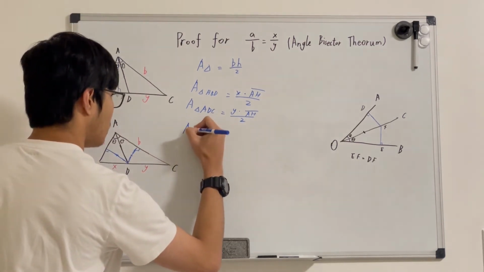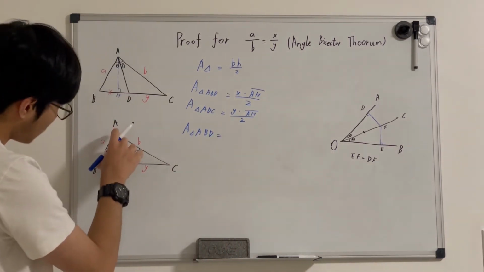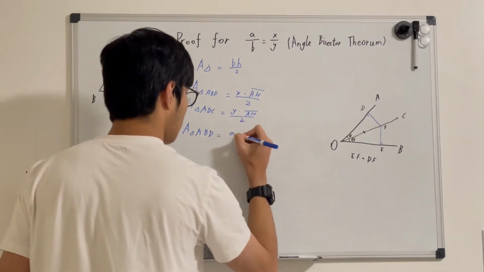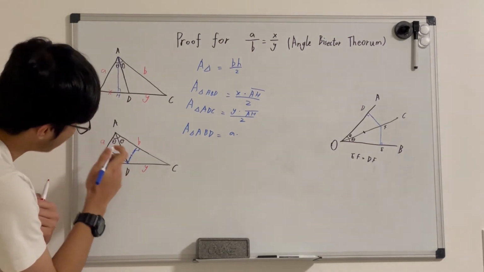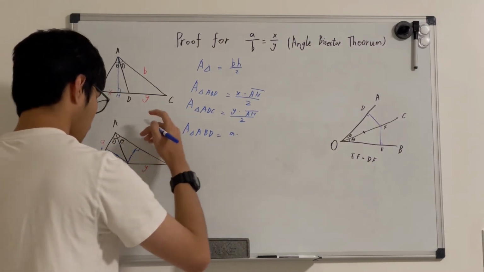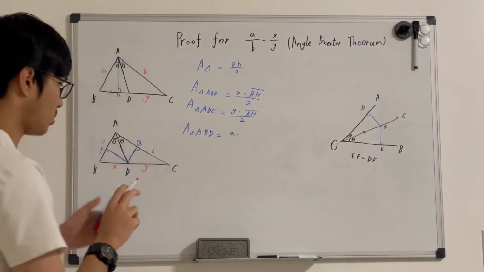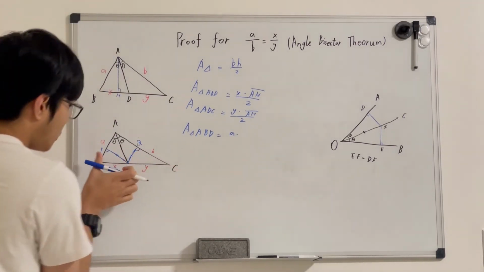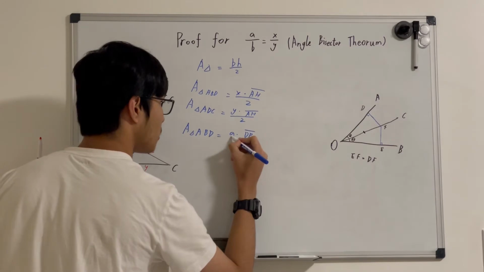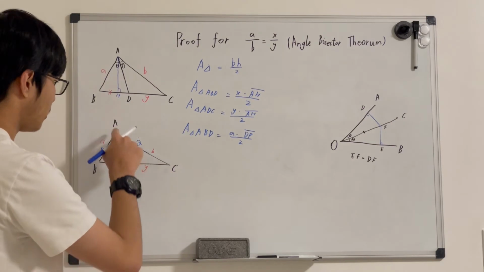In this case the base is AB, which is a, times, oh, I forgot to name the height, so I will just call the feet P and Q. Let me move the B aside a bit. This is b. Times dP over 2, correct?